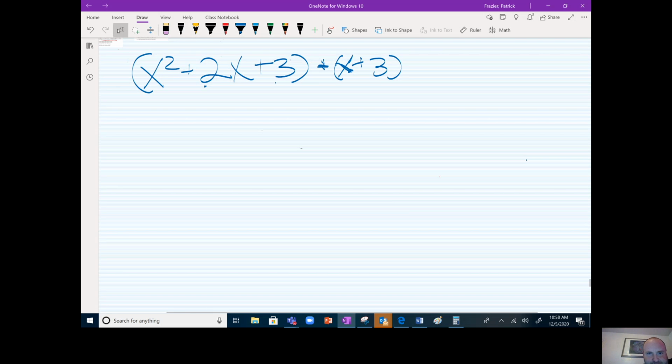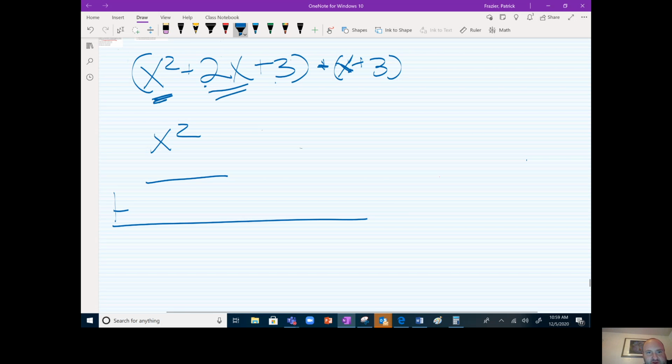Anyway, x squared doesn't have another like term, because 2x and x squared are not the same thing. The x over here isn't the same thing, and 3 and 3 is not an x squared kind of thing at all. If we had a 5x squared over here, for instance, then we would combine those, but it's not the case. So we have x squared, and I'm just going to put a blank underneath here and add the whole thing. Then 2x, and then we have x.